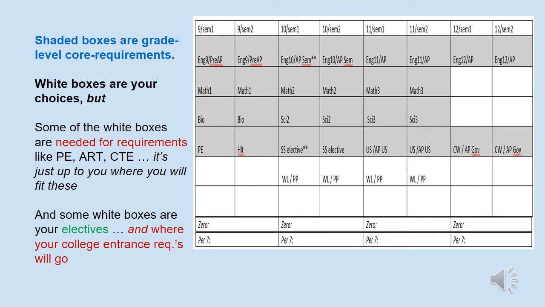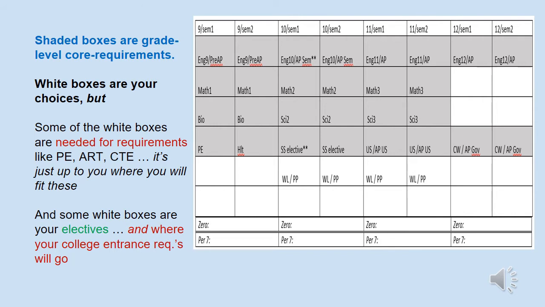On the top portion of this form is your 4-year course plan. Take a moment to notice that the shaded boxes are grade level core requirements. In the white boxes, those are your choices, but you have to be smart about those choices.